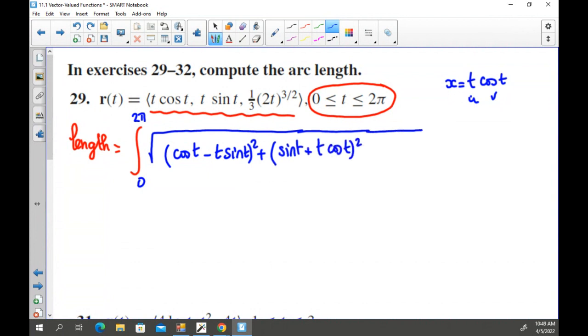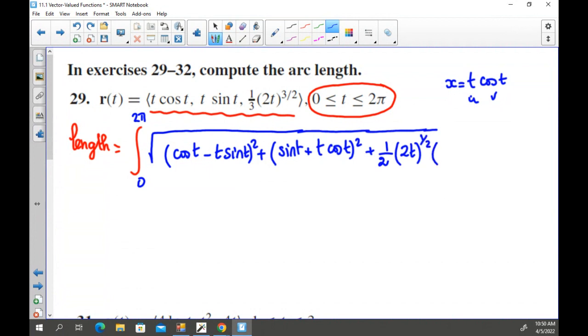Squared. And finally, the derivative here, we need to bring 3 over 2 down, multiplied by 1 over 3. So it's going to give us half, and 2t to the power of 3 over 2 minus 1, so it's going to be 1 over 2.